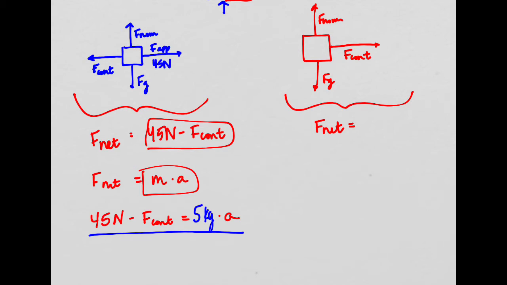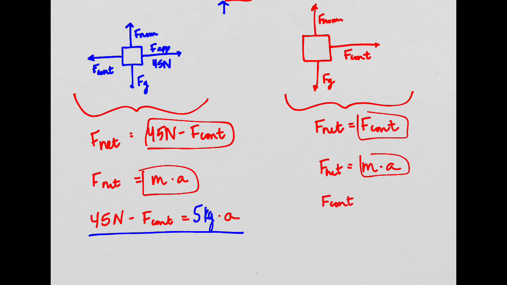The net force for the second individual body is just F contact. We also know that net force is equal to mass times acceleration, so F contact equals mass times acceleration. We already know the mass for this object is 10 kilograms.